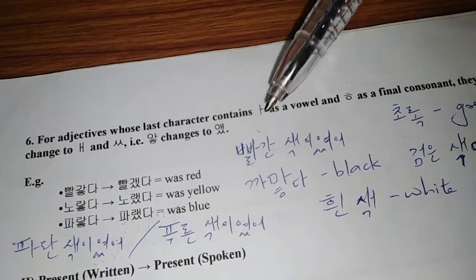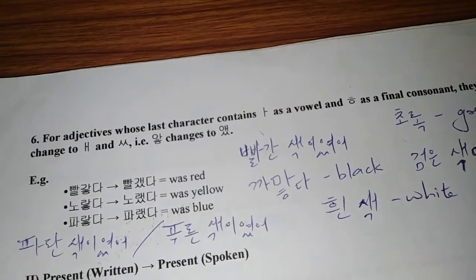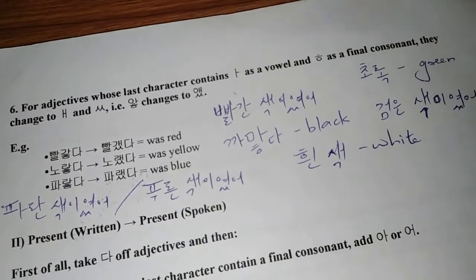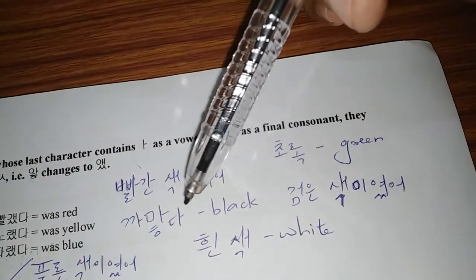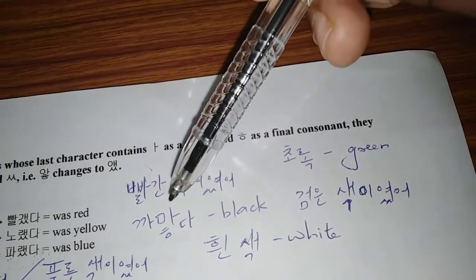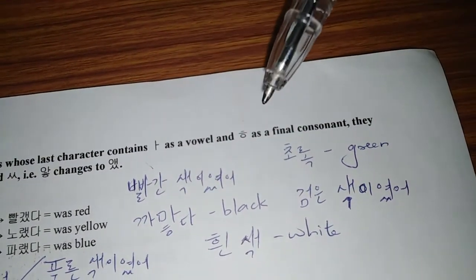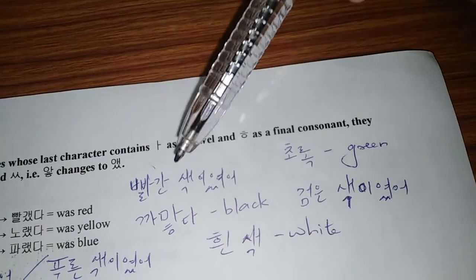But there's no other exception, no other synonyms like that, except for black. Black is 까맣다, so 까맸다, both would come depending on the tense.